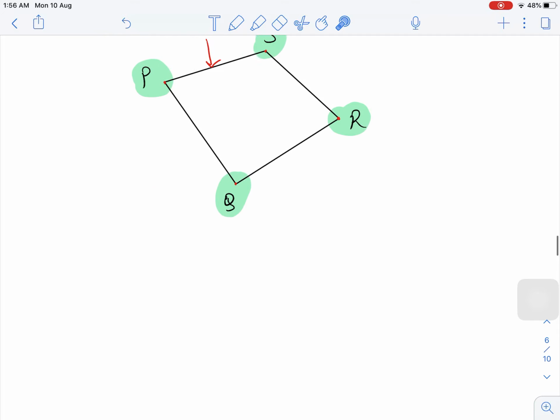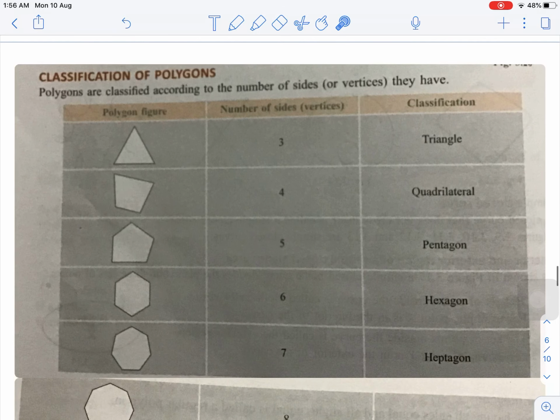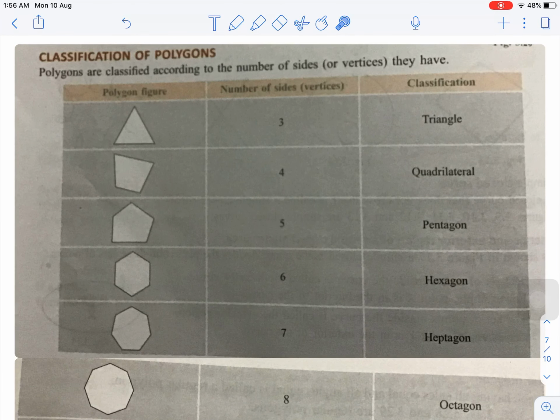Now let us move forward to the classification of polygons. Based on the number of sides, or vertices, polygons can be classified. For example, if a polygon has three sides, then it is known as a triangle. If it has four sides, 1 2 3 4, then it is known as a quadrilateral. If it has five sides, then it is known as a pentagon.